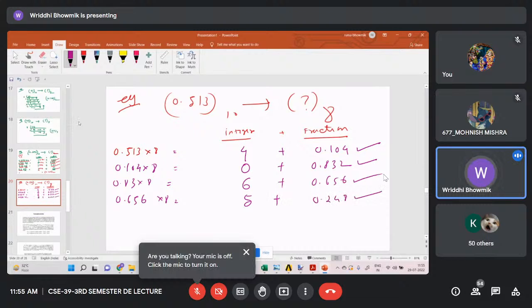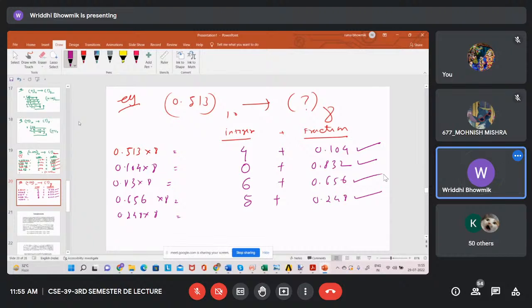And again take this 0.248 times 8, then you have 1.984, 1 plus 0.984. Then you can see the fraction is not 0. Again you take 0.984 times 8 and you have 7.872. So 7 plus 0.872 and so on.